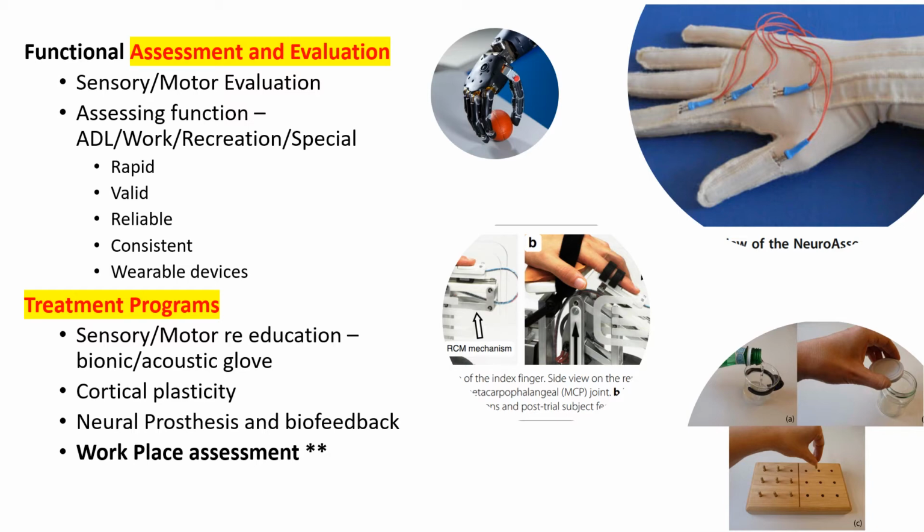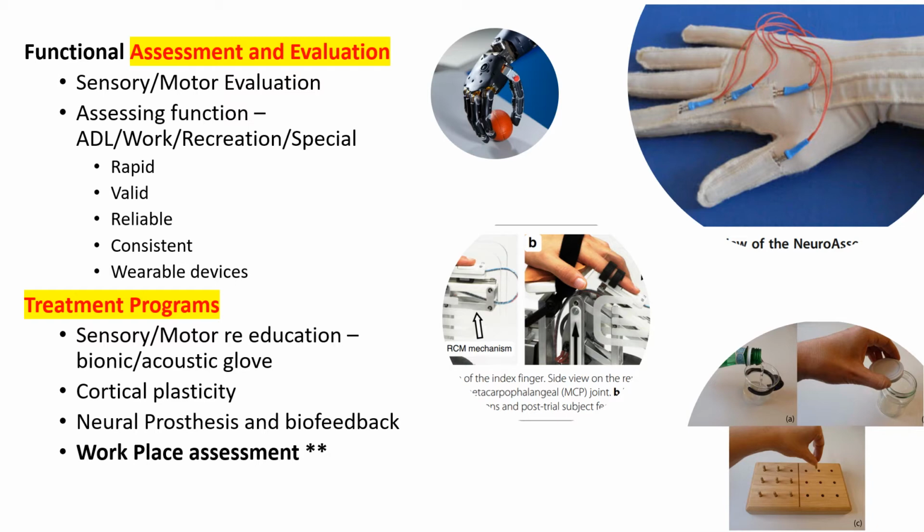In the treatment program, it can help with assisting the movement. It can provide re-education, especially in sensory loss, with the use of the bionic acoustic glove to help with sensory re-education while neural plasticity occurs in the brain during the process of recovery.